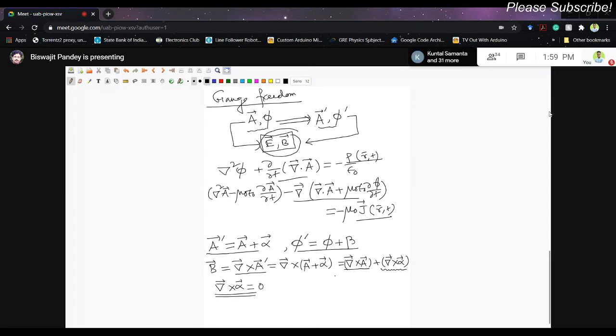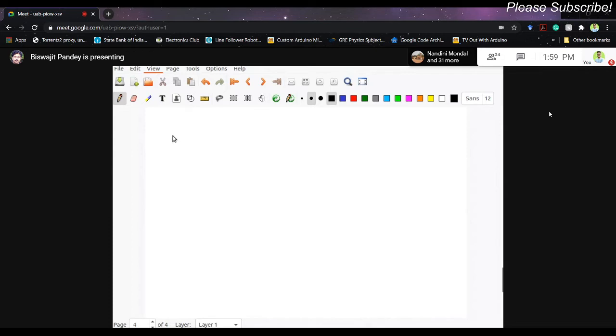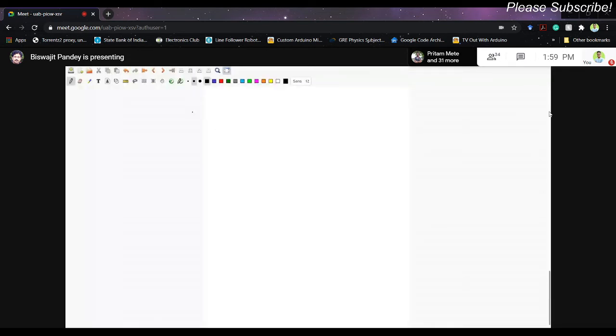What about the other one, the electric field? Next page. So what I wrote is that A prime equals A plus alpha, and phi prime equals phi plus beta.